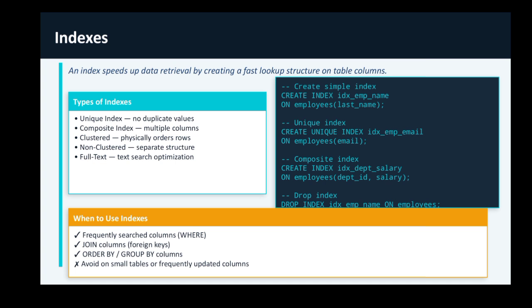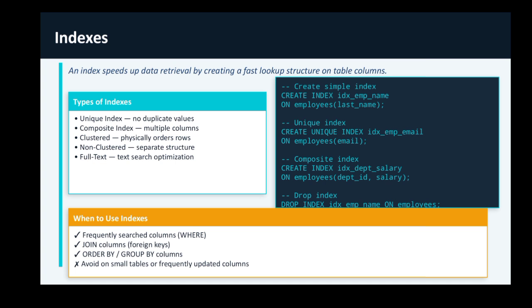A unique index enforces no duplicate values. A composite index spans multiple columns and is useful for queries that filter on combinations. A clustered index physically reorders the table rows. A non-clustered index maintains a separate structure pointing to the data. A full-text index optimizes searches within large text fields.